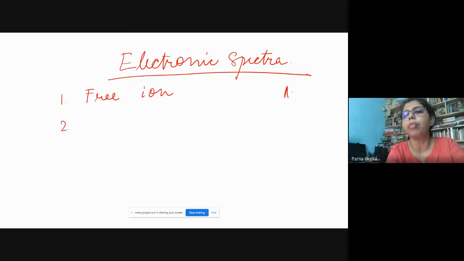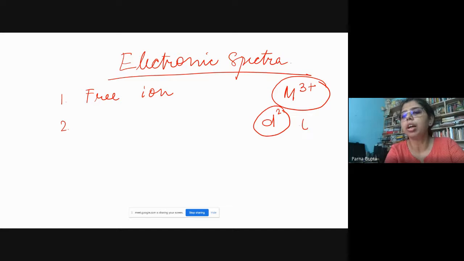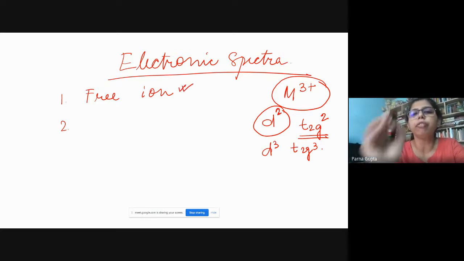Let's say you have an M3+, and we are taking a d2 system. Generally we write t2g2, or if we take d3, then t2g3. We do not consider any repulsion, so we call that the free ion.